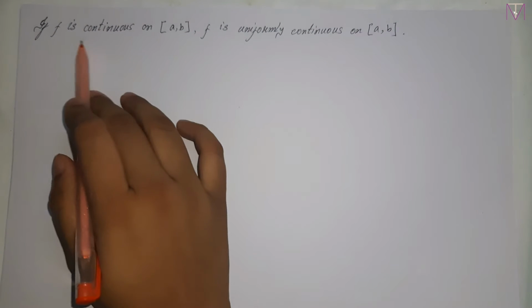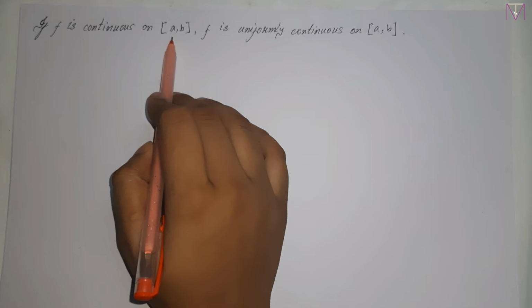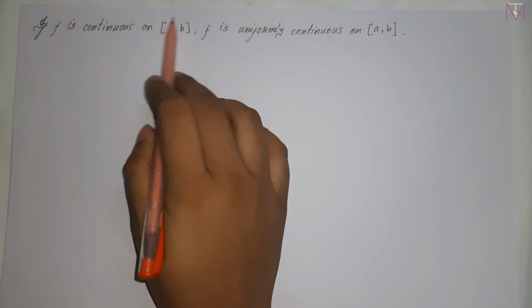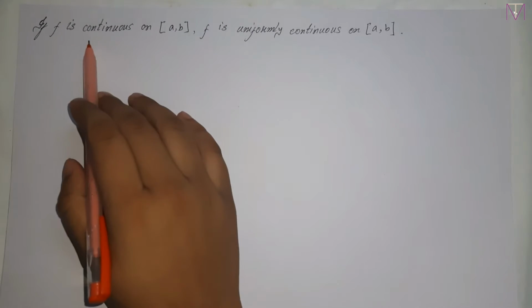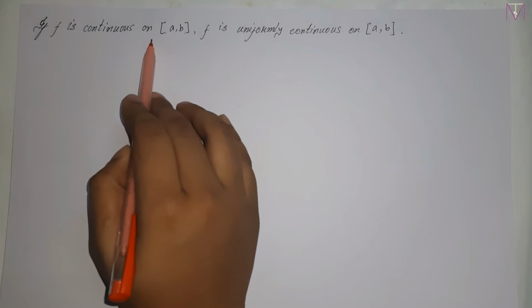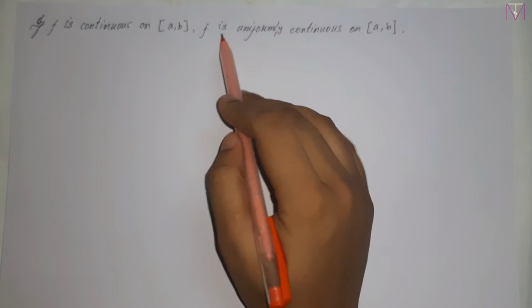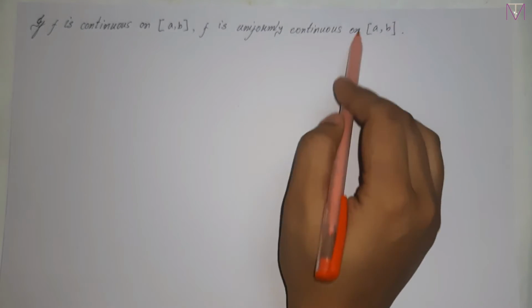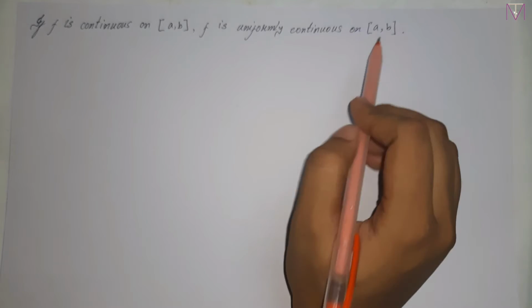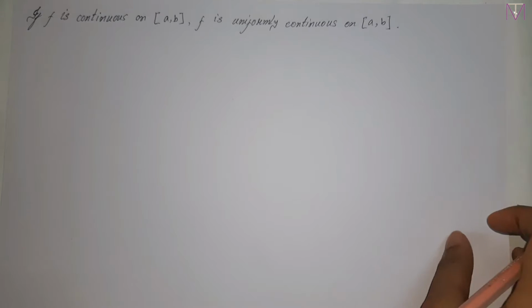This is our theorem. Here [a, b] is a closed interval and f is continuous. This is given, and now we have to prove that f is uniformly continuous on this closed interval. So let's start.